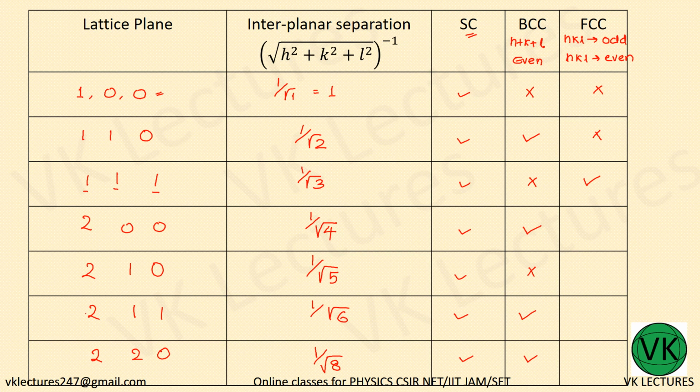Now 2 0 0 is even, even, even, so it is Bragg reflected. And 2 1 0 is even, odd, even, so it is not Bragg reflected. 2 1 1 is even, odd and odd, so it is not Bragg reflected again. And coming to the last one, 2 2 0, all are even, so it is again Bragg reflected.